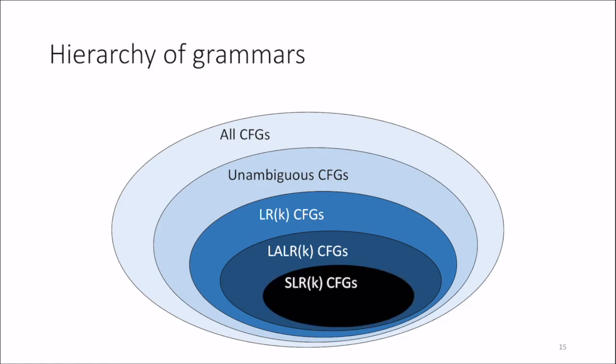And a further subset of those LALRK context-free grammars are the simple LRK context-free grammars. So they still have look ahead, but it's a simpler algorithm. It's easier to understand. And then finally, we have the LR0 context-free grammars, where it's still left to right, it's still constructing a rightmost derivation, it's finding the viable prefixes, but it's doing so with 0 symbols of look ahead. And it's the simplest of all of these parsing algorithms to understand, so that's the one that we'll be doing first.